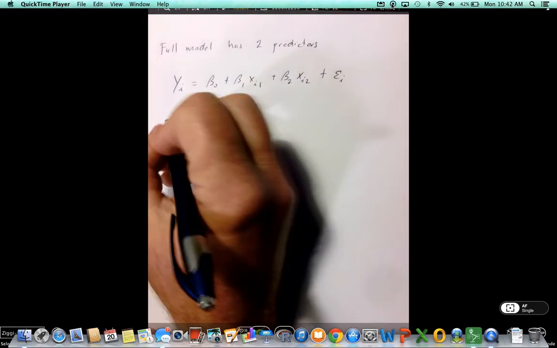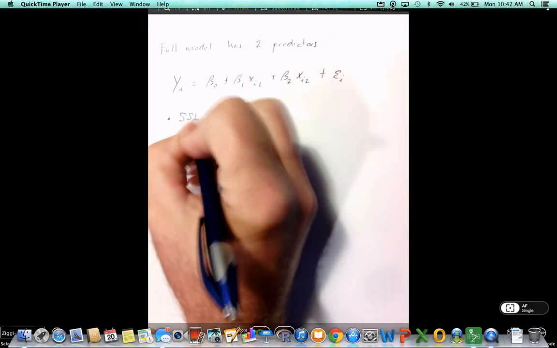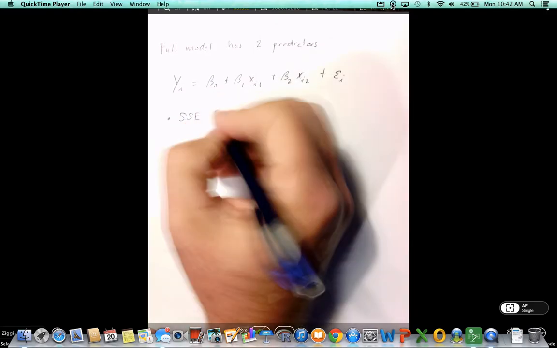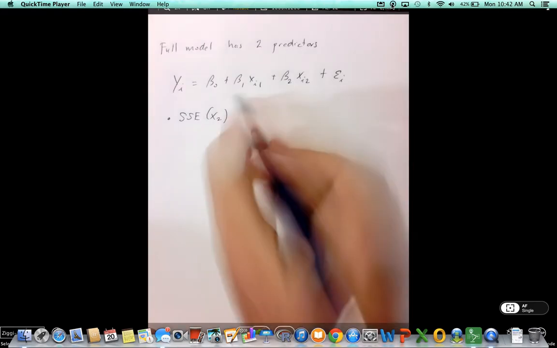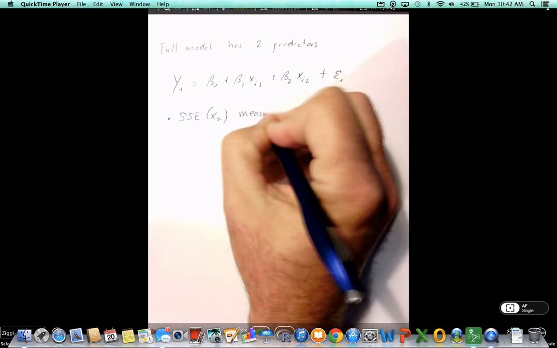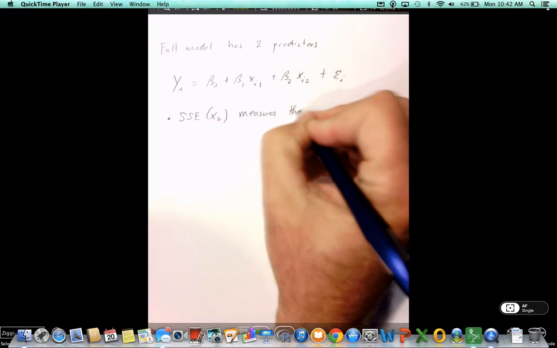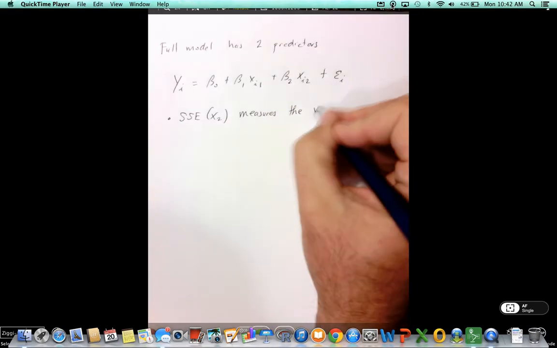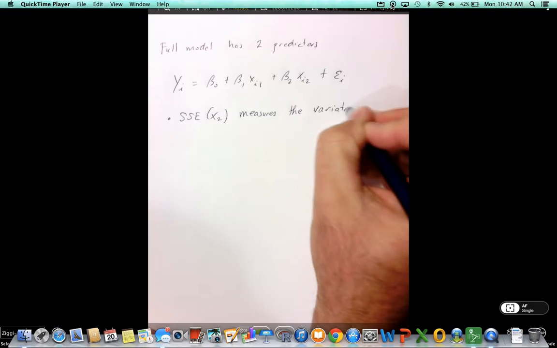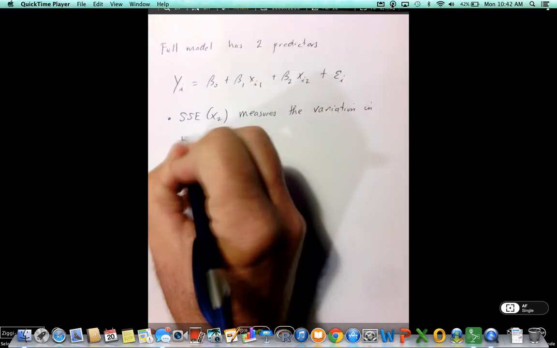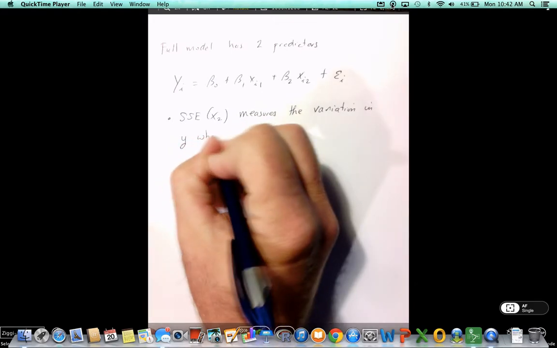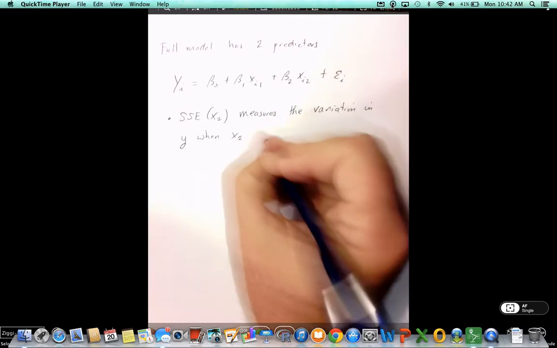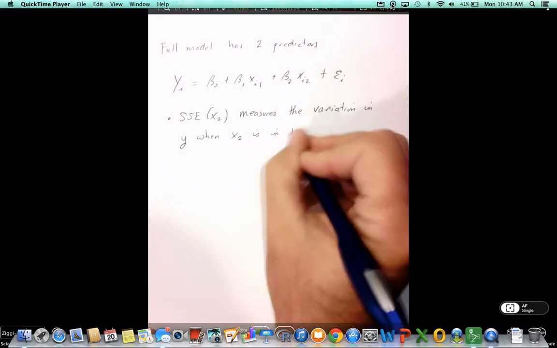I would also expect you to know that, for example, the sum of squares for x2 measures the variation in y when x2 is in the model.